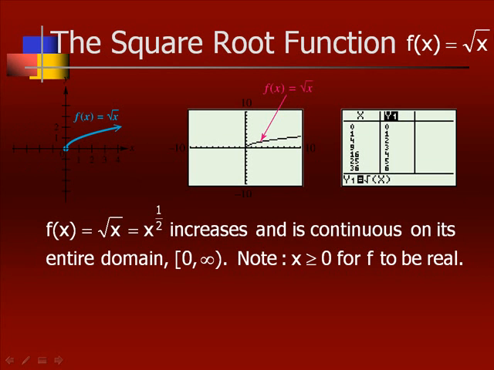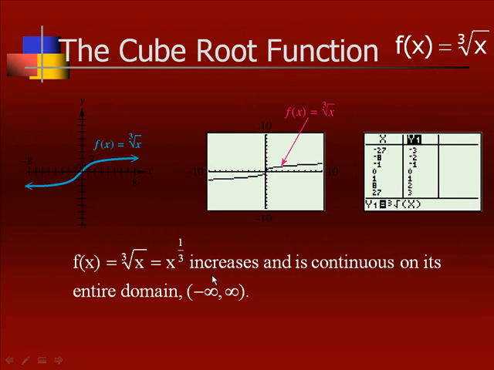Because the square root of x is not defined if x is a negative number. So, f of x equals square root of x increases for its entire domain, and it's continuous. But notice that the domain is only from 0 to infinity.